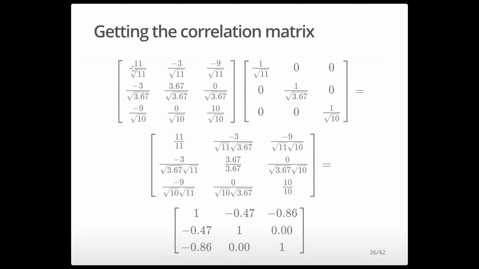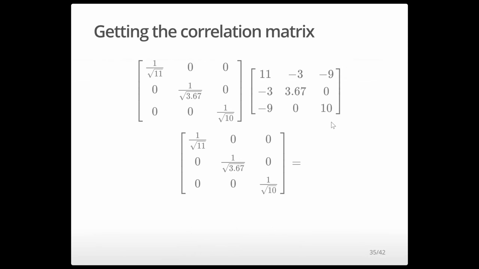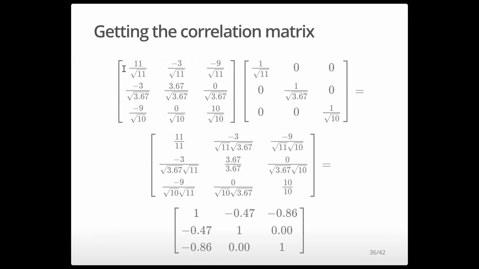Here we get the first row after multiplying these first two matrices. So this is only this first part up here. This first row is now the same matrix over root 11, then the second row over root 3.67, and so on and so forth. And then we still have to multiply it once again by our D to the negative 1/2 matrix.